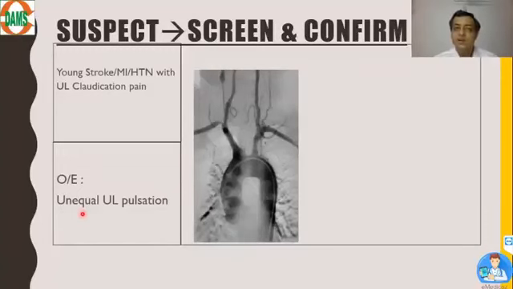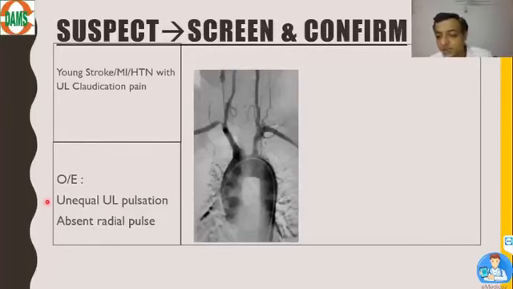Initially, when the stenosis is mild to moderate, the pulse will become feeble. When it becomes severe, pulse will become absent. So initially the pulse will be feeble on the affected side, and eventually it will lead to absent radial pulse. That is the examination clue that we have.